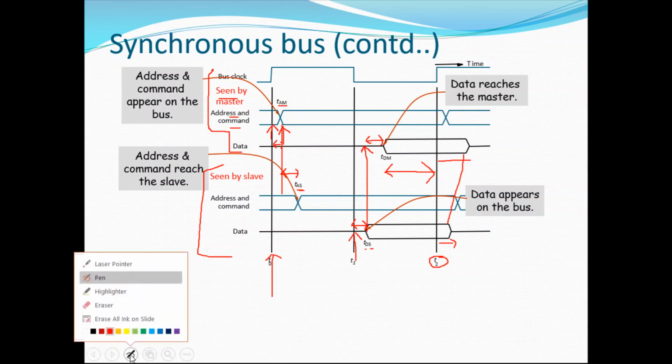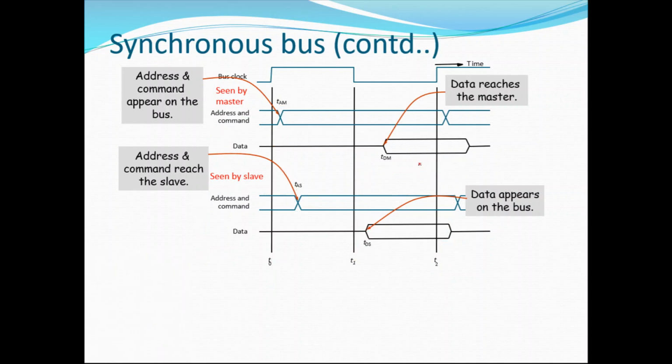Also the address will be removed from the address bus by the master. After some delay, both will happen. The bus master will remove the address and the control signal from the bus, and the slave will remove the data from the data bus after some time after T2.